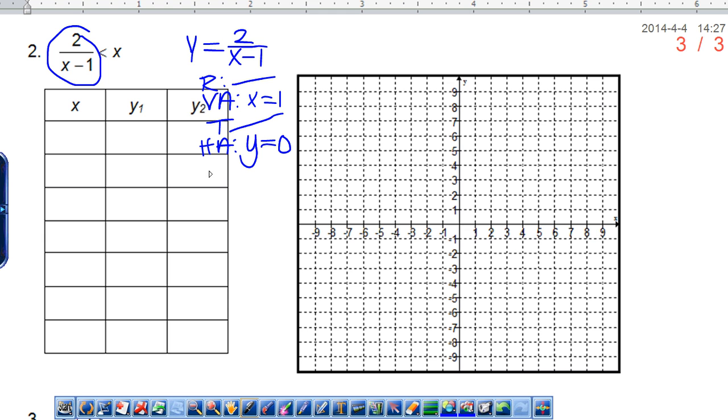All right, y-intercept. How do I get that? Good. So 2 over 0 minus 1 is negative 2. So I have a y-intercept at 0, negative 2. Sorry, negative 2. Thank you. All right, so let's plot.